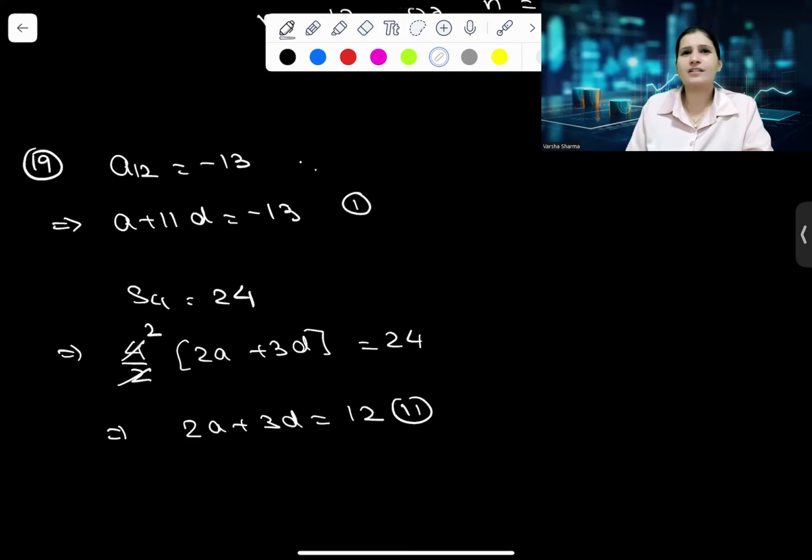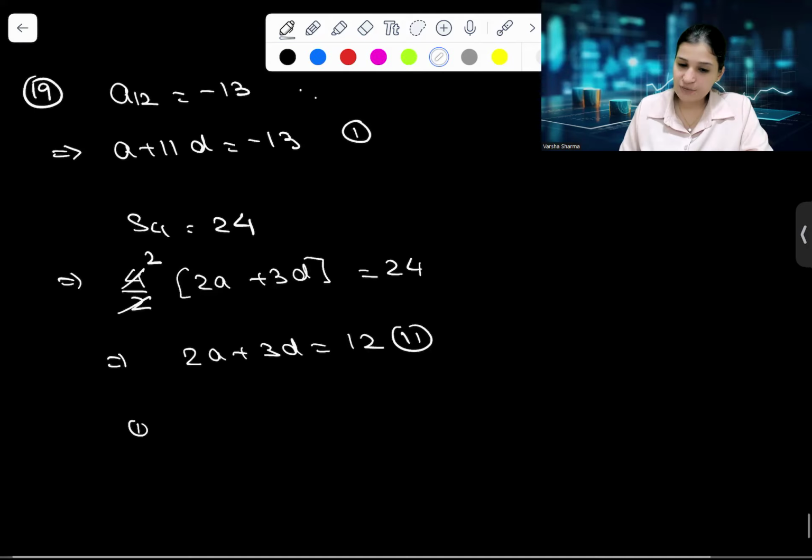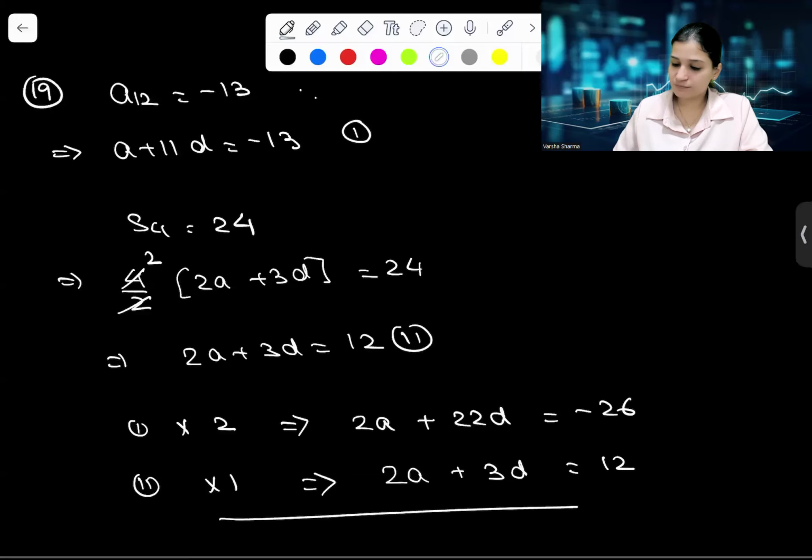Any method, elimination, substitution, just get me A and D from here. So first equation gets multiplied by 2. 2A plus 22D is minus 26. Second remains the same. 2A plus 3D is 12.